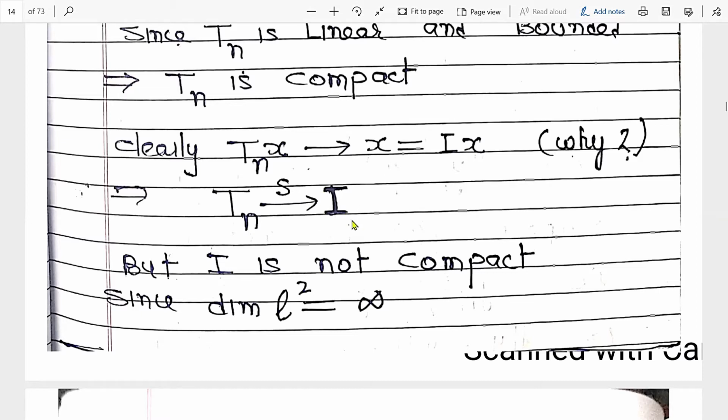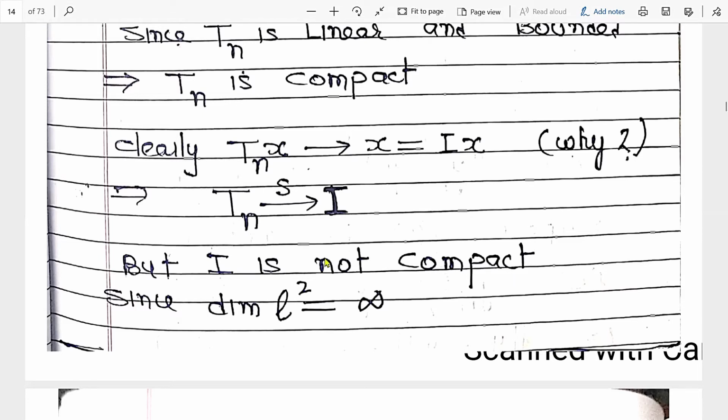It is strongly convergent to I, but I is not compact. Why is I not compact? Because the dimension of l squared is infinity. We already proved in the previous result, part C, that if the dimension of N is infinity, then I is not a compact operator.